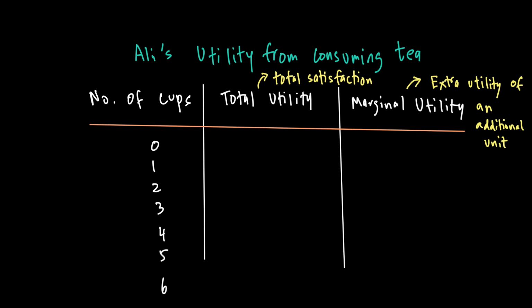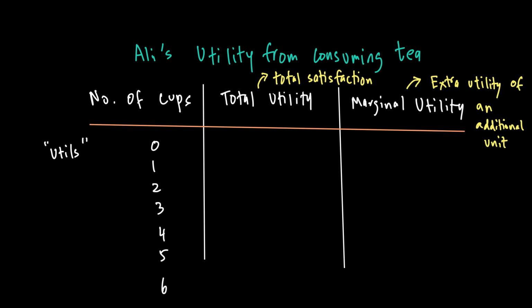I do know I get satisfaction from tea, and I know that I may get more of it than I get from, let's say, coffee, but I can't tell you exactly how much I will get from a particular cup of tea or a particular day's consumption of tea.